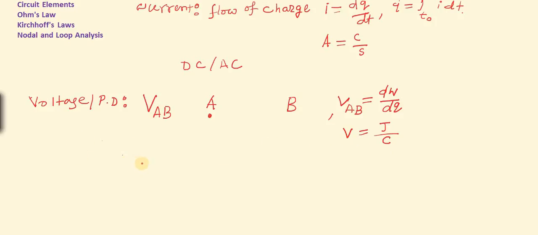Now we have an element here. This is point A, this is point B. This is at positive potential, this is at negative potential. The potential difference between points A and B is denoted by VAB.